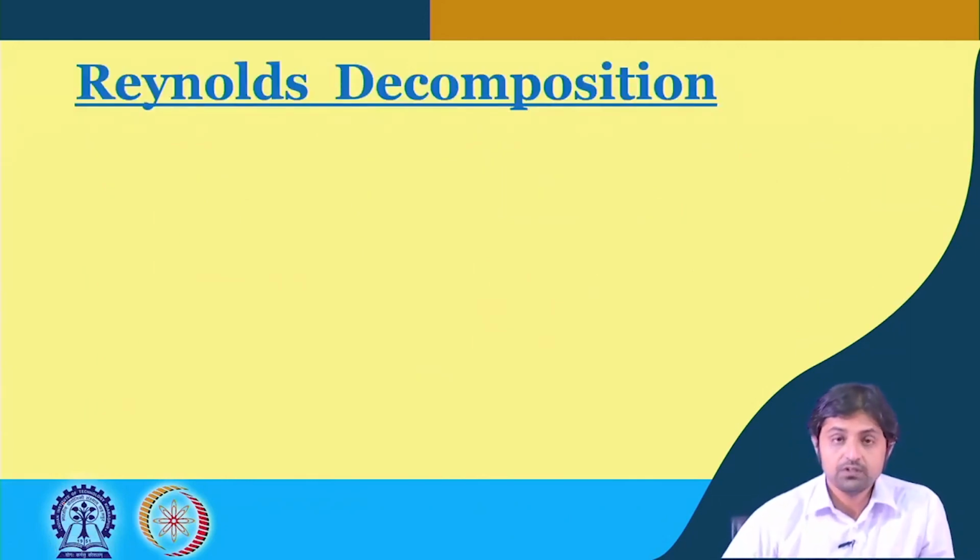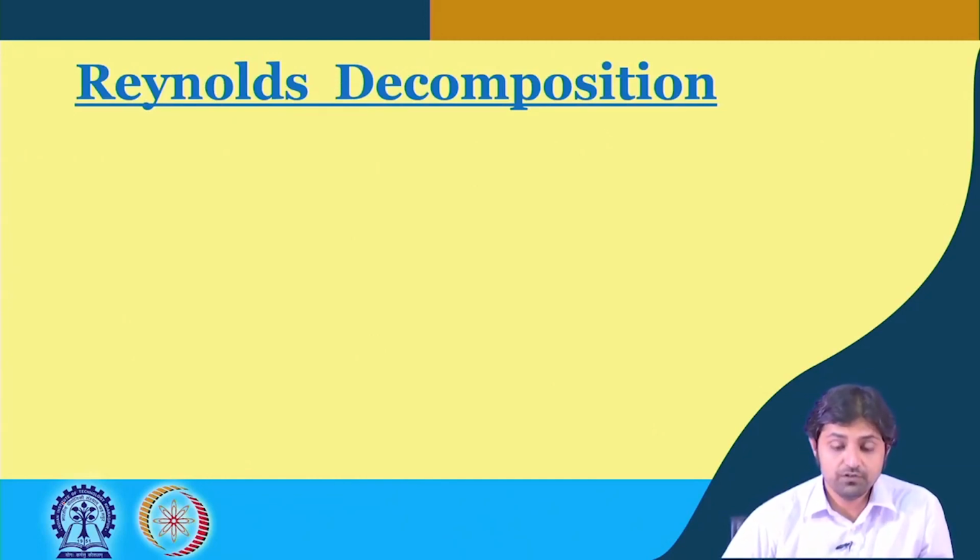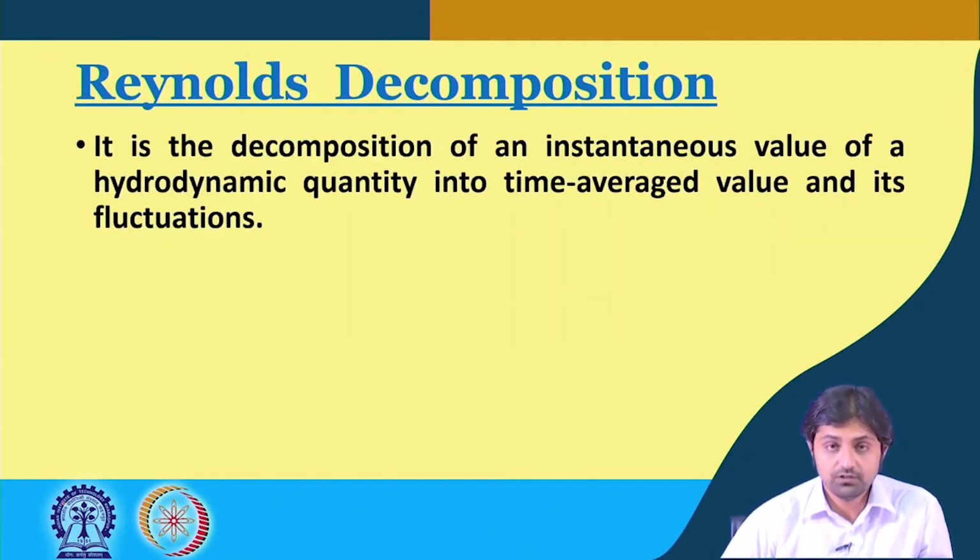One of the important components of turbulent flow is the Reynolds decomposition. What is that? It is the decomposition of an instantaneous value of a hydrodynamic quantity into a time averaged value and its fluctuation.